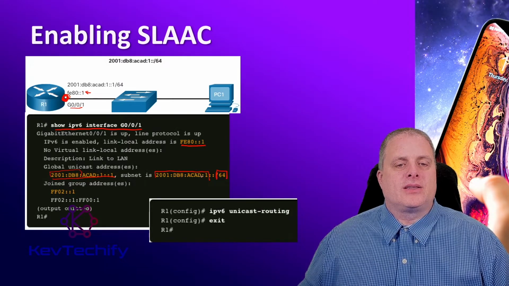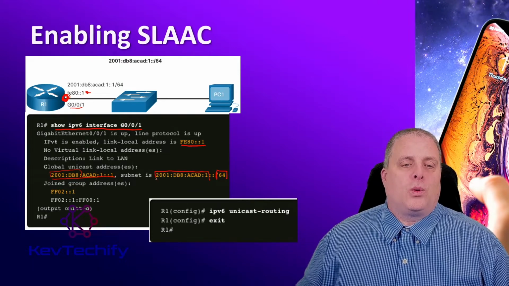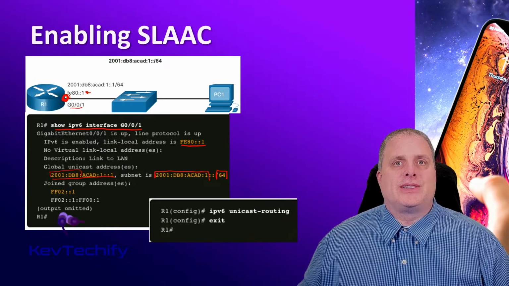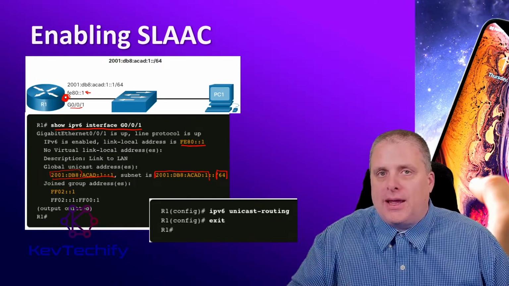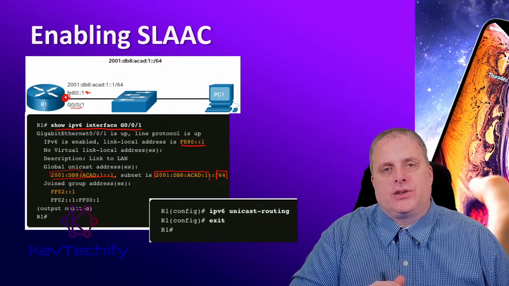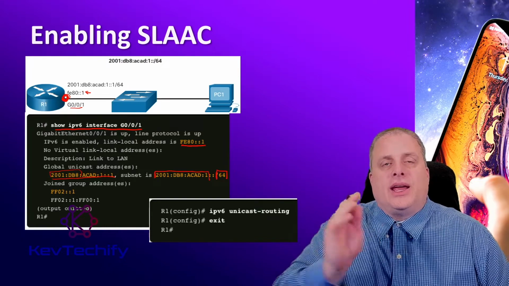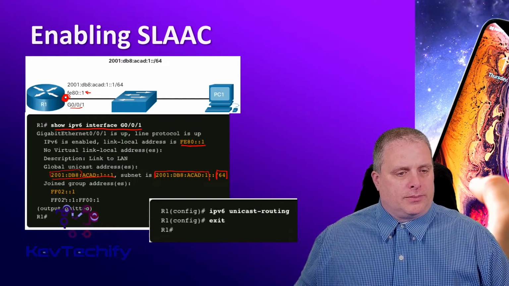How many bits of this entire IP version 6 address is our network portion? It was a /64, so it's half. The first half is our subnet portion. Most IP version 6 addresses in today's world typically use a /64 prefix.